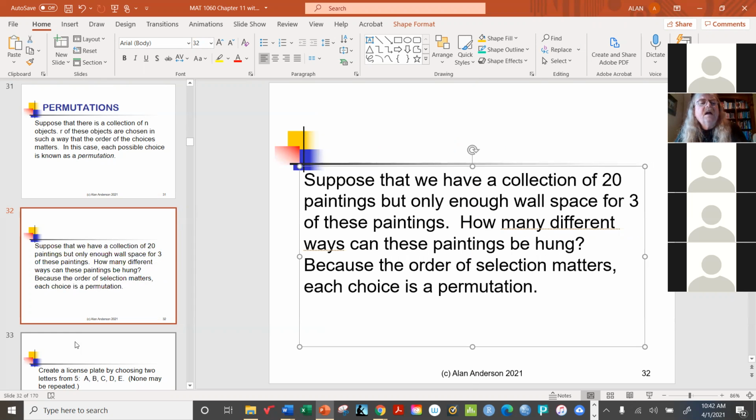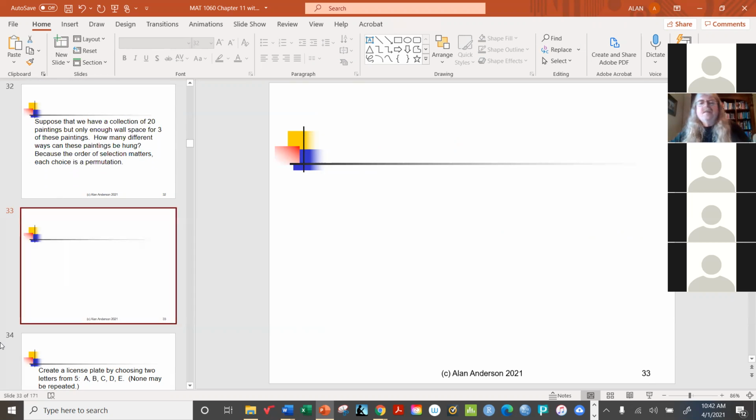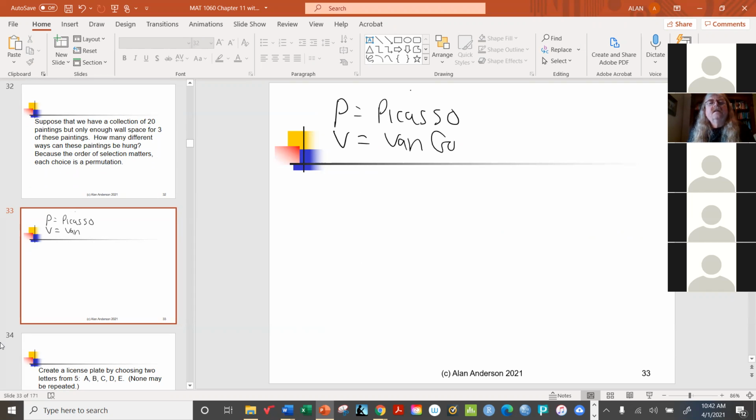Suppose that I decide to go into my collection and I pick Picasso, Vincent van Gogh, and Andy Warhol. So I picked 3 out of 20, and then how many different ways can I hang these?